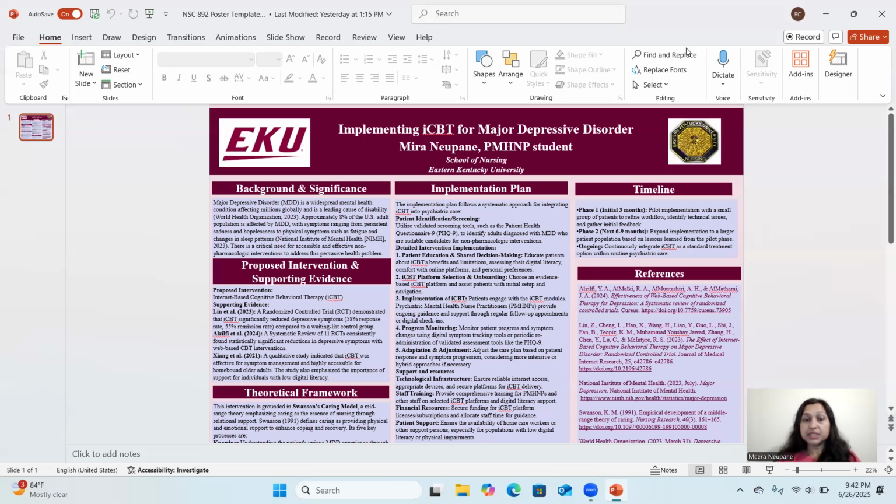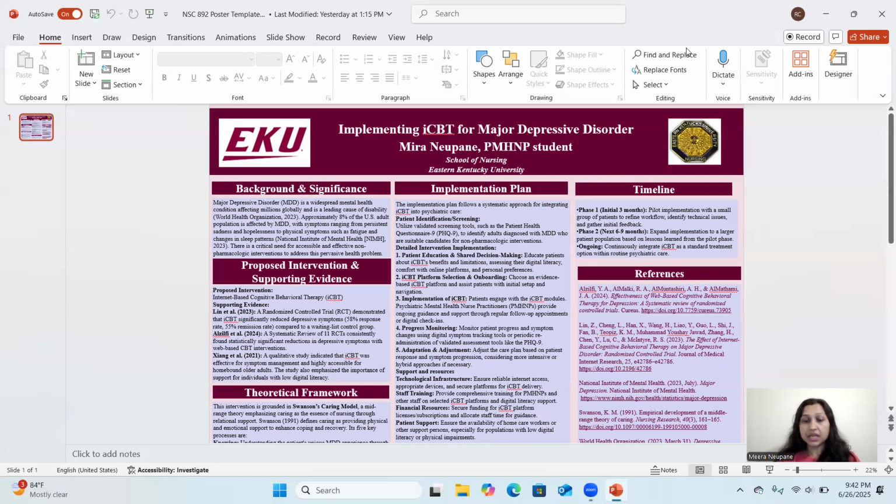Secondly, iCBT platform selection and onboarding. Choose an evidence-based, internet-based cognitive behavioral therapy platform and assist the patient with initial setup and navigation. For that, we need to provide free internet service. We need to set up all the platforms for the internet-based cognitive therapy.